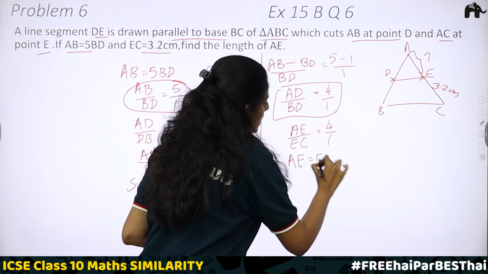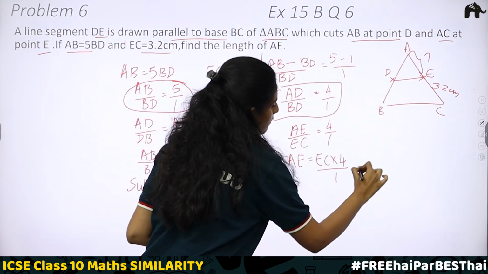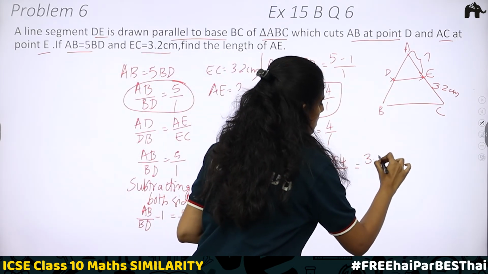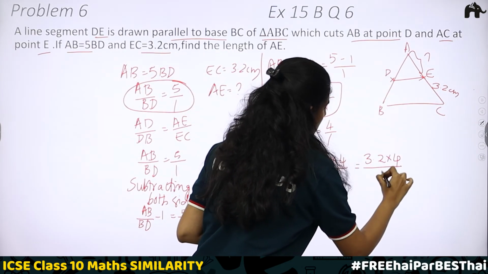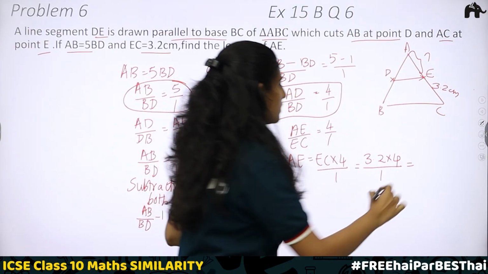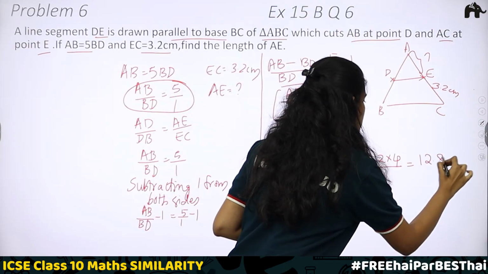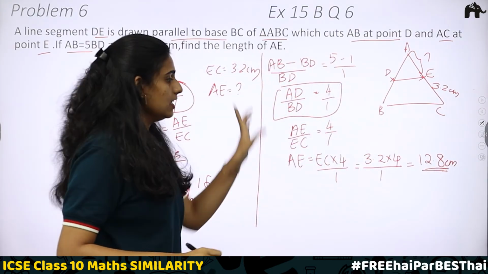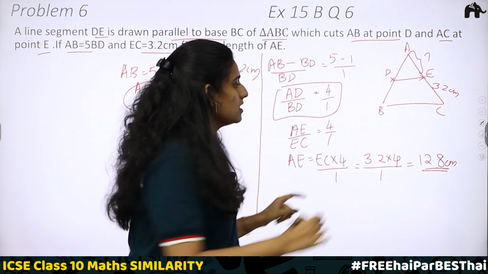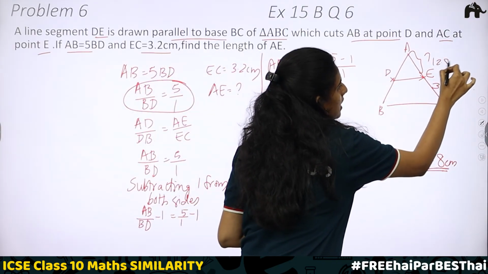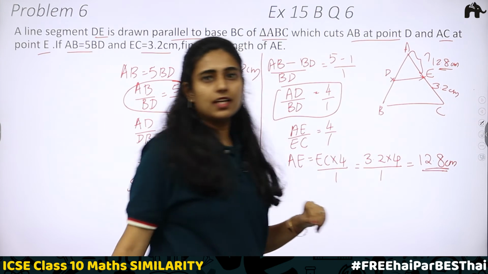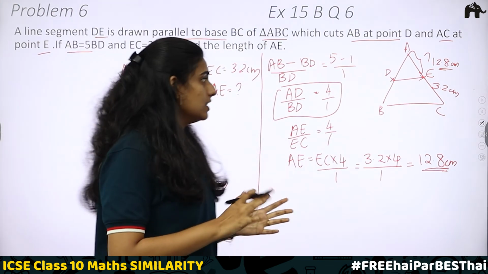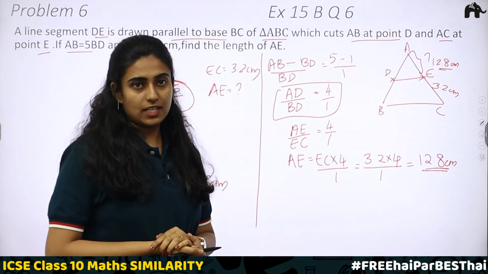AE is equal to EC into 4 divided by 1, that is 3.2 into 4 divided by 1, which is 12.8 centimeter. We got the length of AE. The length of AE, that is this part, is equal to 12.8 centimeter. Clear? Simple question, right? If you know the basic proportionality theorem, you can solve every question that comes here.